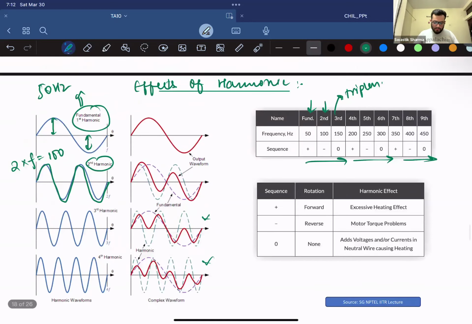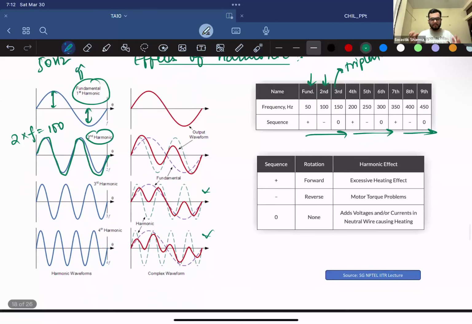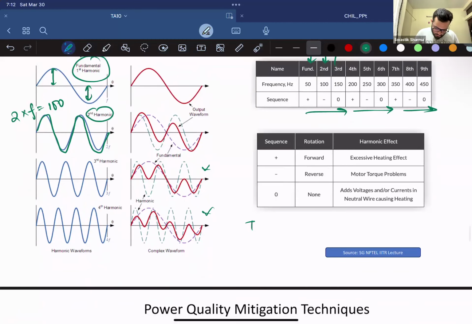So the harmonics present in your system are very serious power quality issues, because as per the IEEE standard, the total harmonic distortion of your AC waveform should be less than or equal to 5%.